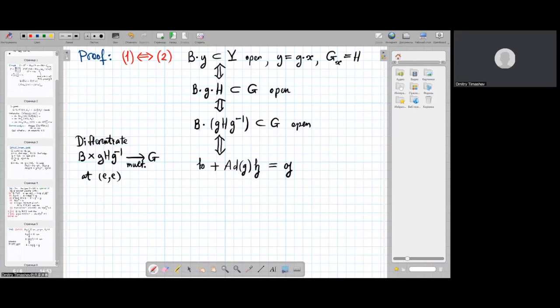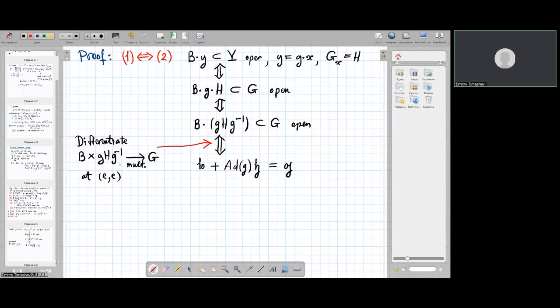And when you differentiate the multiplication map on the group level, you get the addition map on the Lie algebra level. And so if the image of this multiplication map is dominant, is open, then this means that the tangent map, the differential of the multiplication map, is surjective. This means exactly that the sum of the Lie algebra of this guy and of the Lie algebra of this guy is the Lie algebra of G. Okay? So this is an explanation for this equivalence.